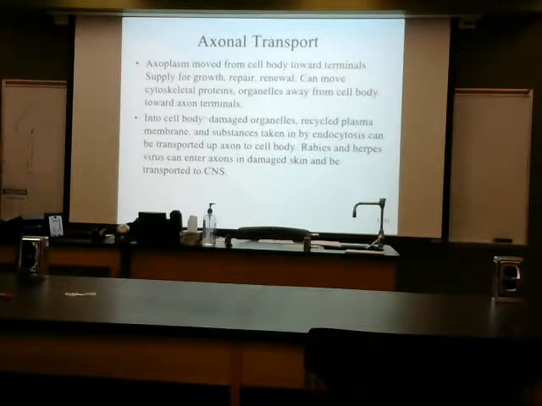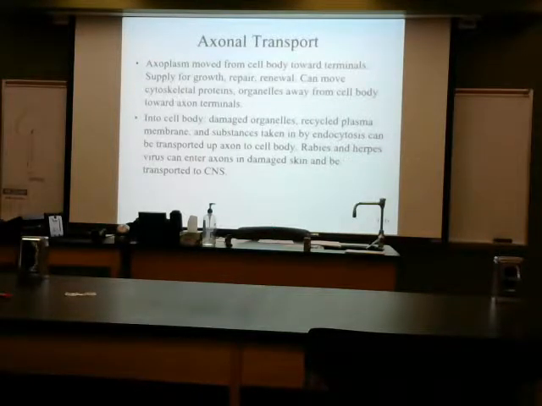So we left off at the point where we found out that this neurotransmitter has to travel to these terminal ends so that when there is an action potential, that neurotransmitter can be released into the area of the synapse. Does everybody remember that?